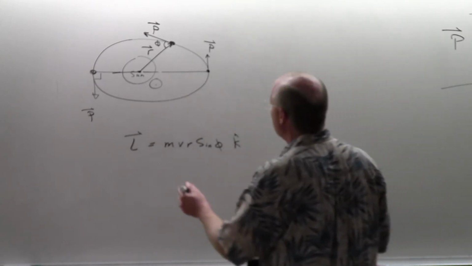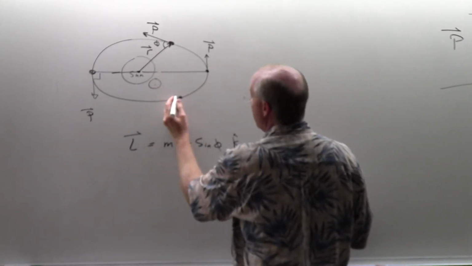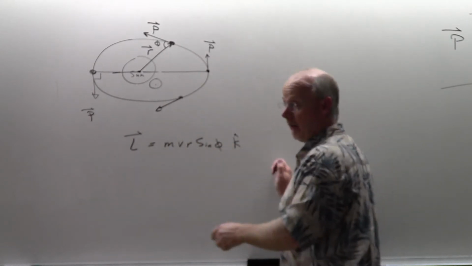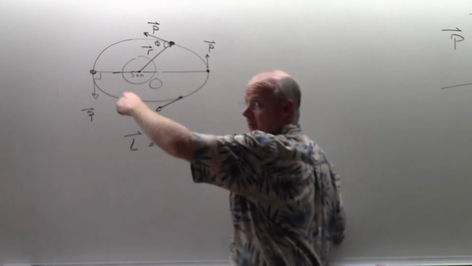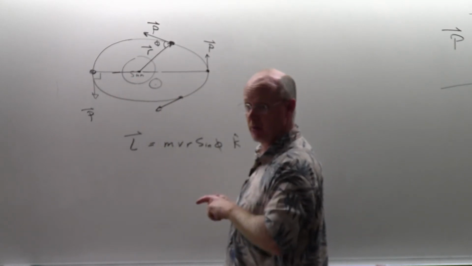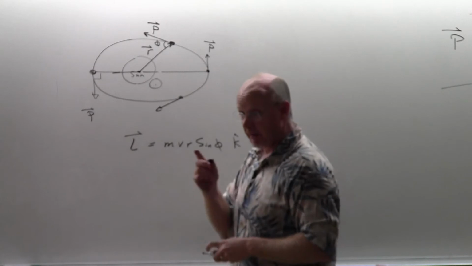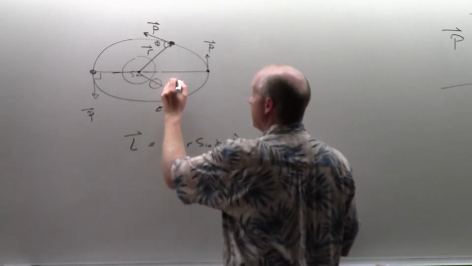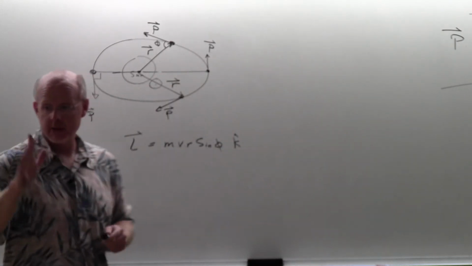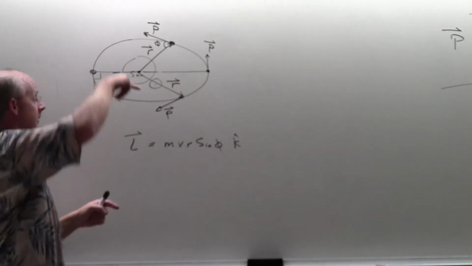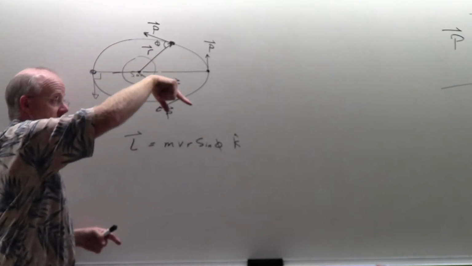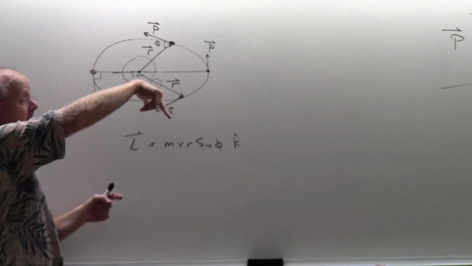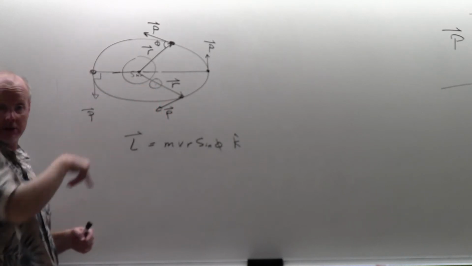Okay, if Mercury had been, let's say, over here going this way, well, that right away is a clockwise direction. So hopefully you're seeing clockwise, that would be into the board. But if I do it with my cross product, this would be R and this would be P. So let's take my right hand, put my finger in the direction of the first one, put my second finger in the direction of the second vector, P, and my thumb is into the board.